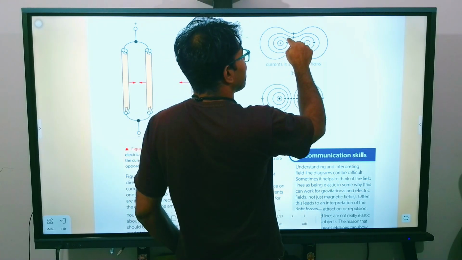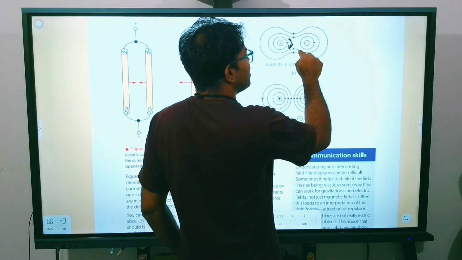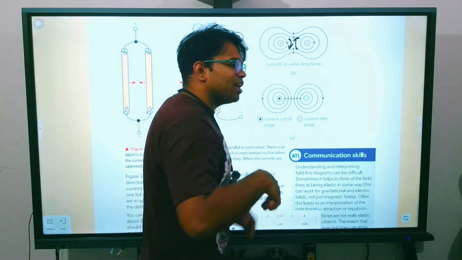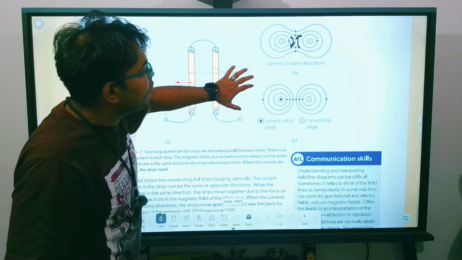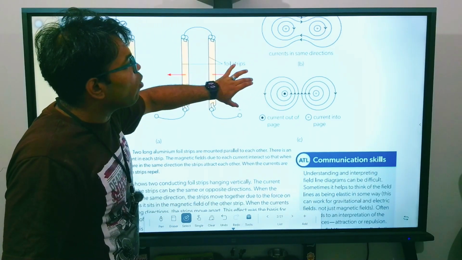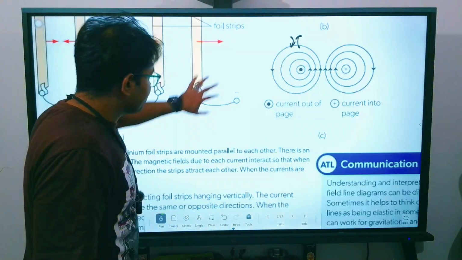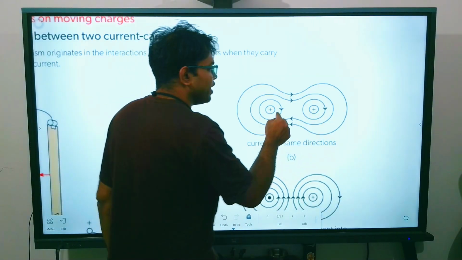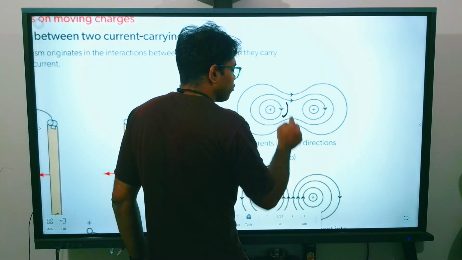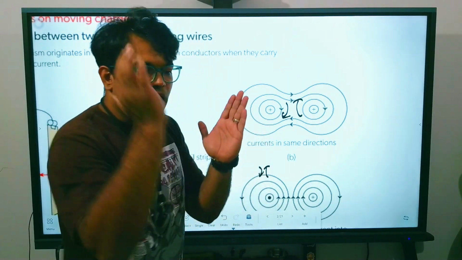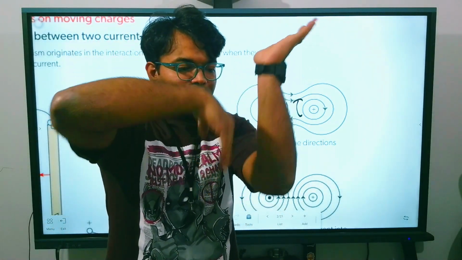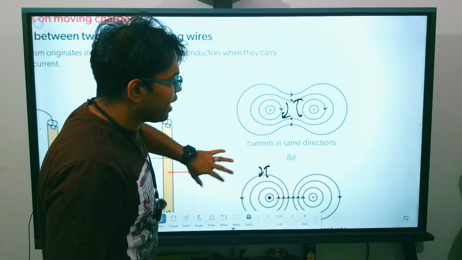In this place, there will be a field like this. In this place, there will be a field like this. These two fields, because they are in the opposite direction, will attract each other. Both the fields are turning like this. Therefore they will attract each other.